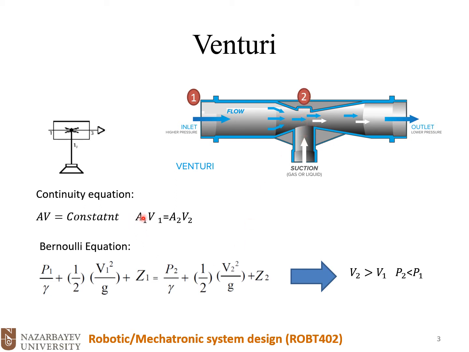So A1 V1 is equal to A2 V2. When the cross section decreases, the velocity should increase. So here we have higher velocity than at the inlet.